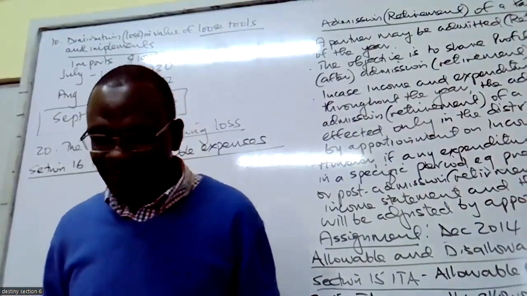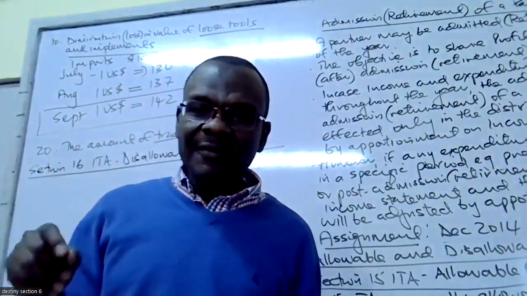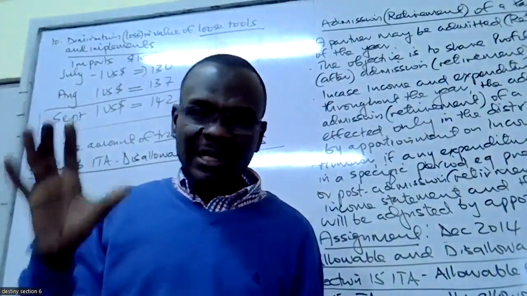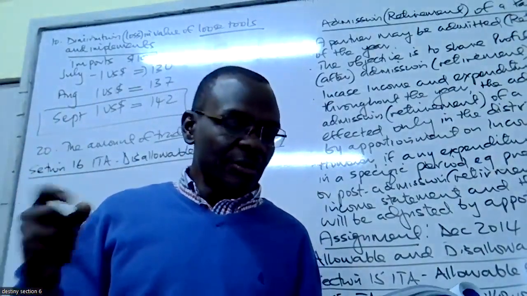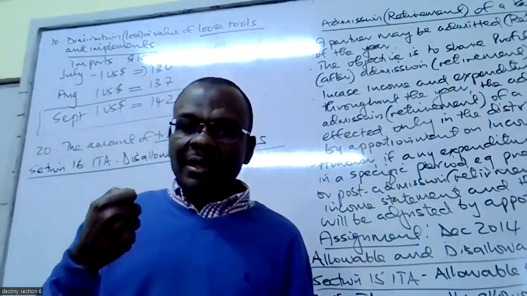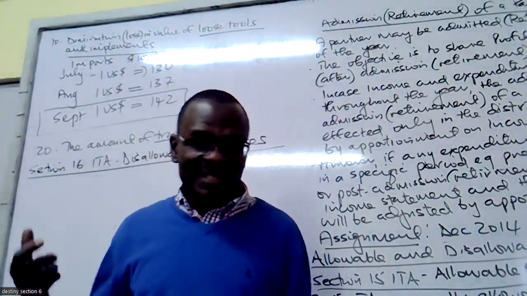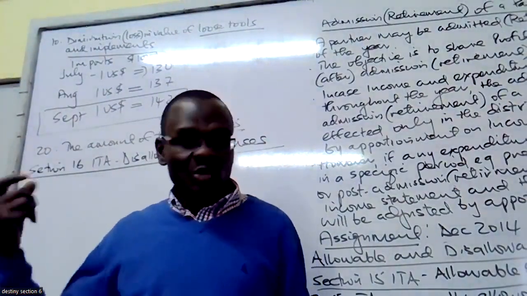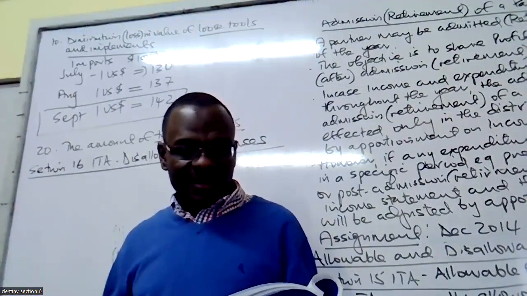Then number five, there are legal expenses that are specifically not allowed. Legal expenses that are specifically not allowed include: A, legal expenses incurred in purchasing personal property, like a house or residential property.